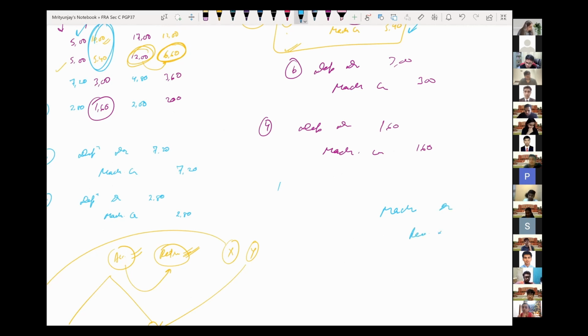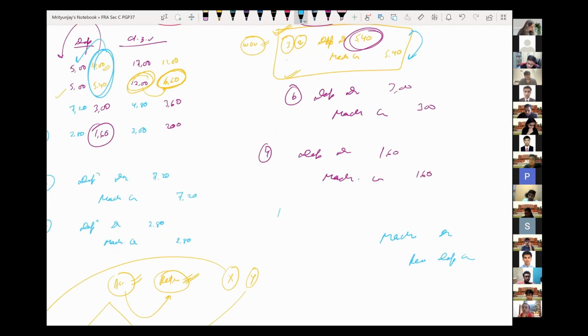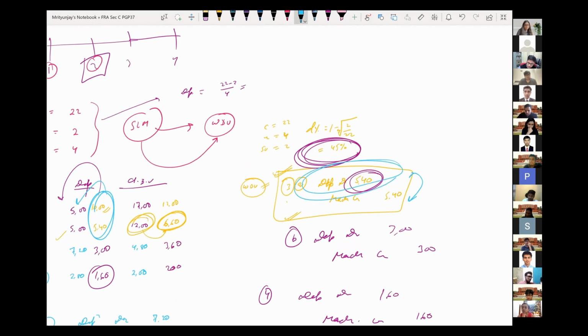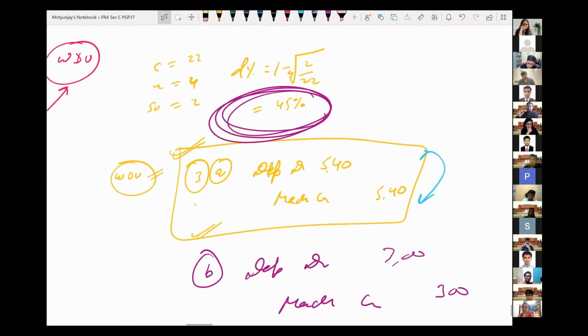Now where would this depreciation have gone, in which statement? Would it go in the income statement or balance sheet? In the case 1, where we are shifting from SLM to WDV, in which statement will this number go? Depreciation debit कहाँ जाएगा?